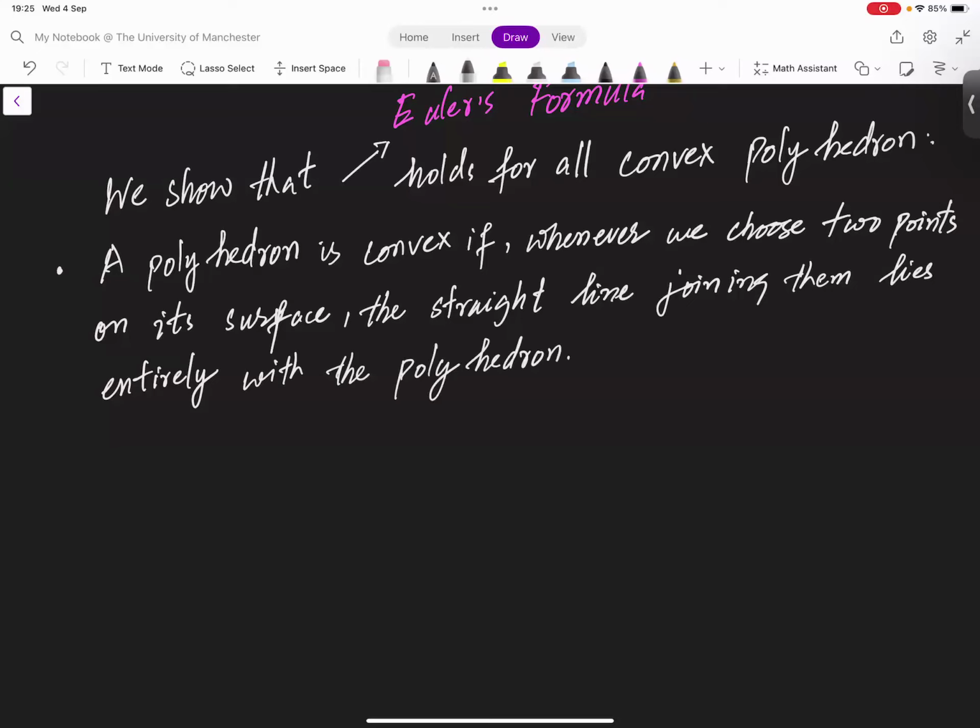So all of the above examples are convex polyhedra.